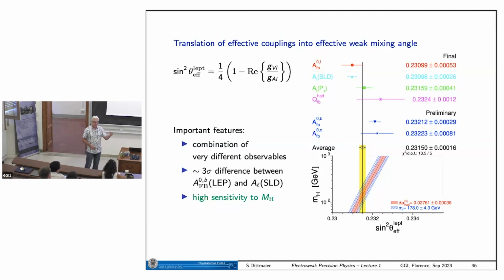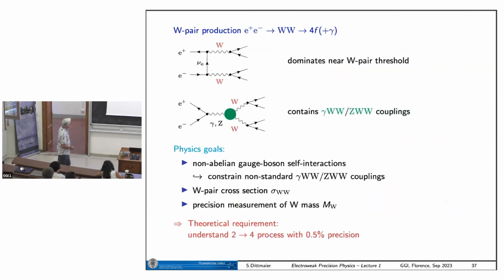So you see really that the first indirect constraints on the Higgs boson mass came up at LEP, although the Higgs boson was not yet in sight. Okay, so this was Z boson precision physics at LEP and SLC.